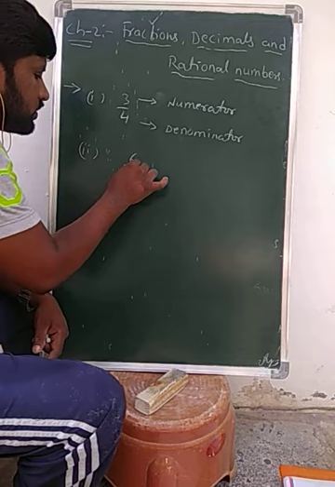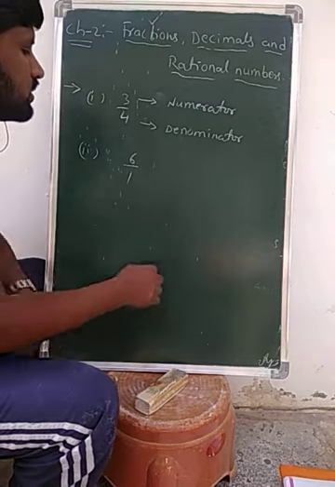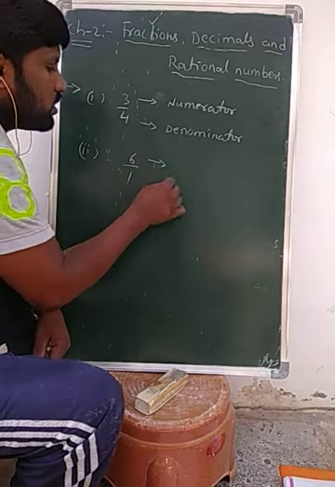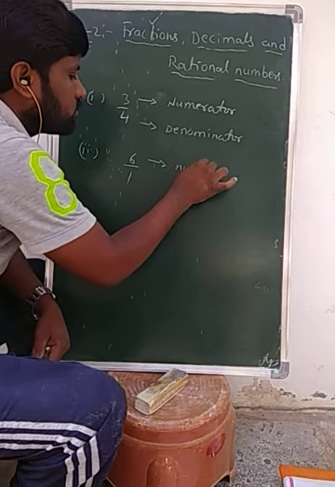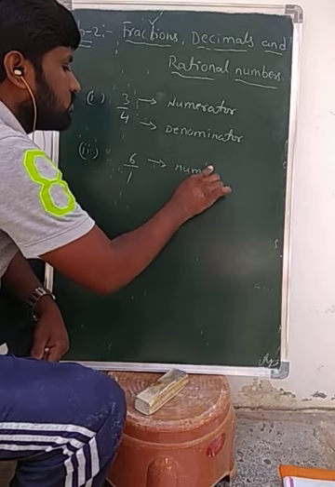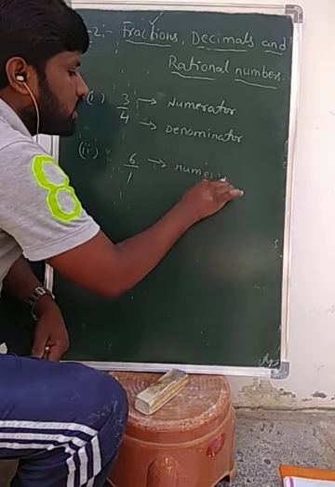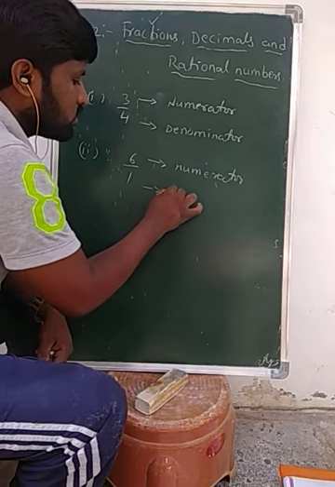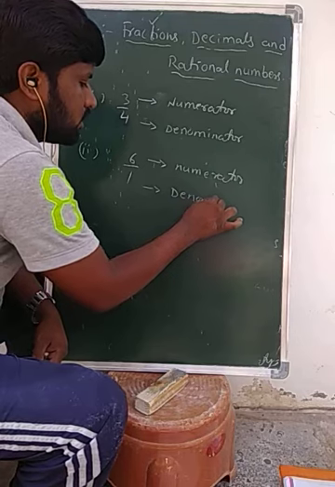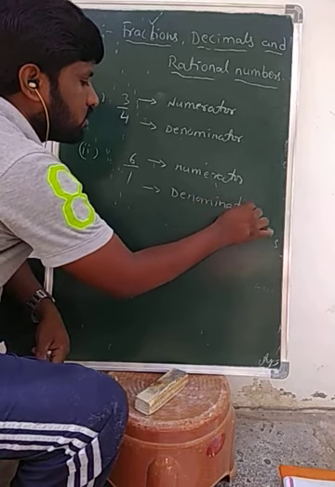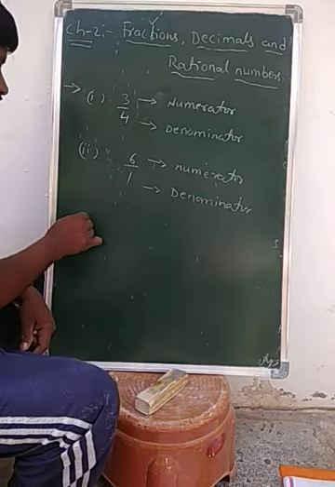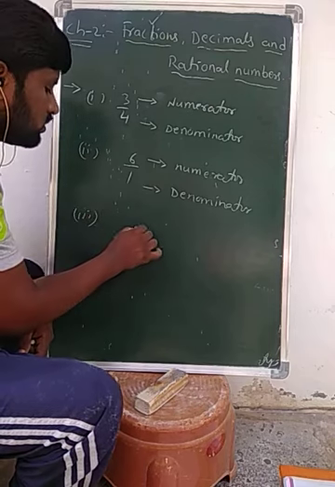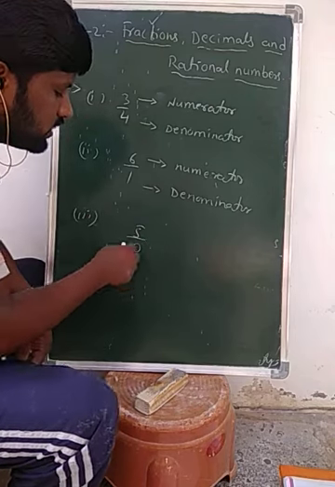And 6 by 1 is also a fraction. 6 is the numerator and 1 is the denominator. But 5 by 0 is not a fraction.